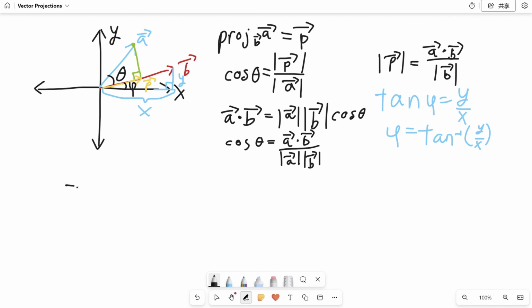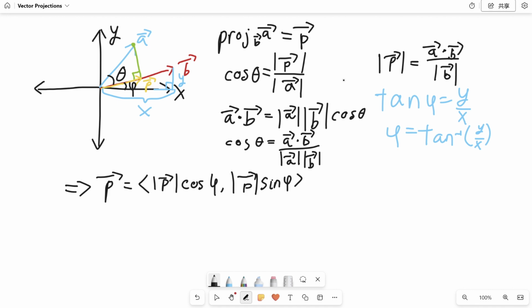So we get that vector P is equal to the magnitude of P times cosine phi, then the magnitude of P times sine phi. Okay, so that's our answer. We've got our formula.